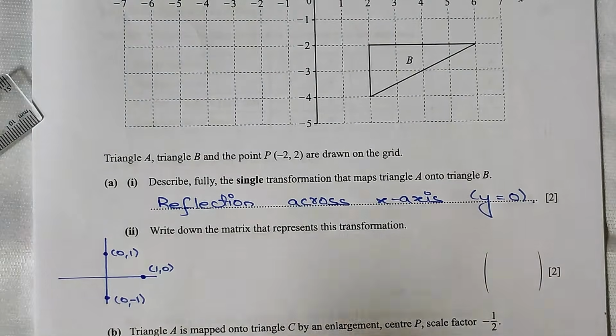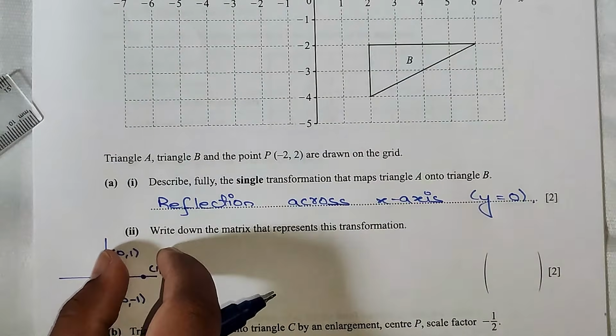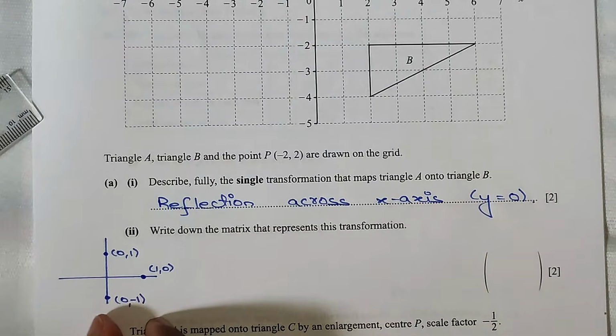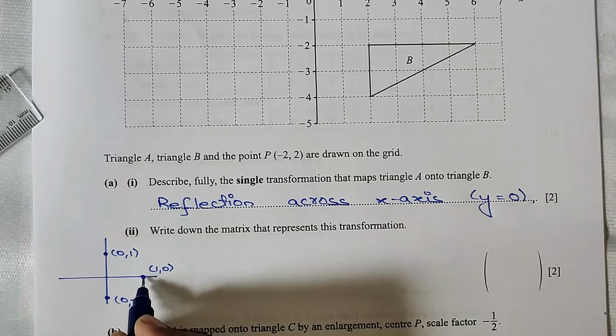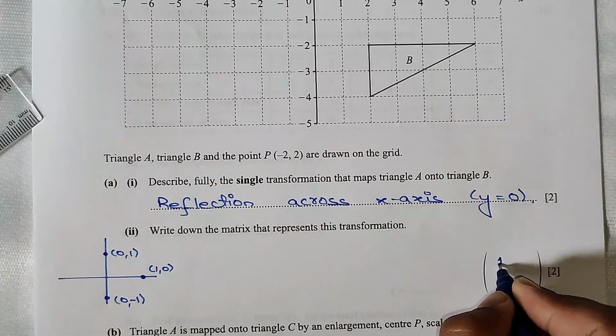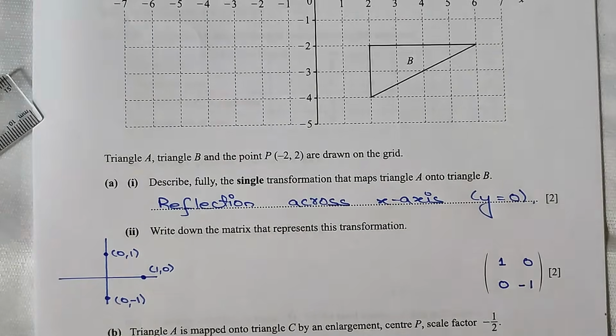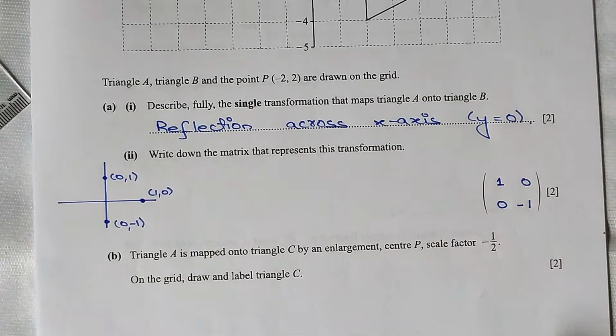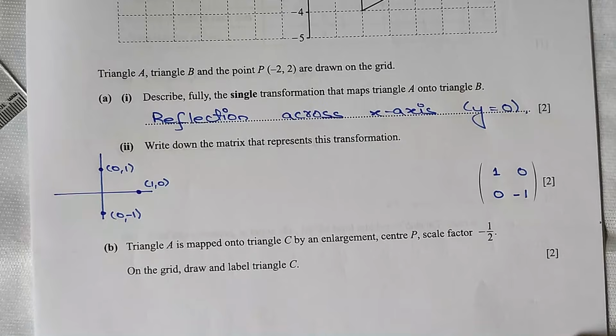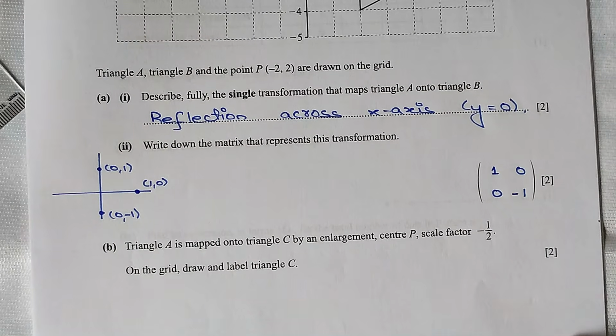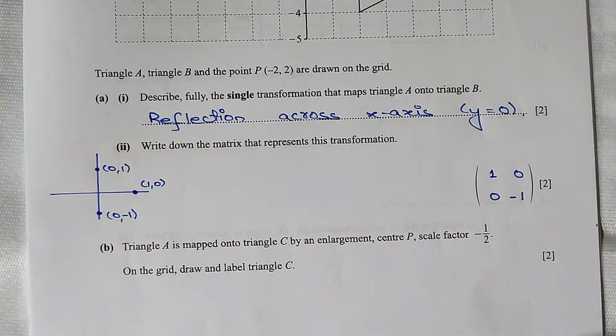As you can see, triangle A is in the first quadrant and it reflects into the fourth quadrant. So this point stays the same, that is 1, 0, but this point would be 0 and negative 1, right? Now for the B part, triangle A is mapped onto triangle C by an enlargement, right?